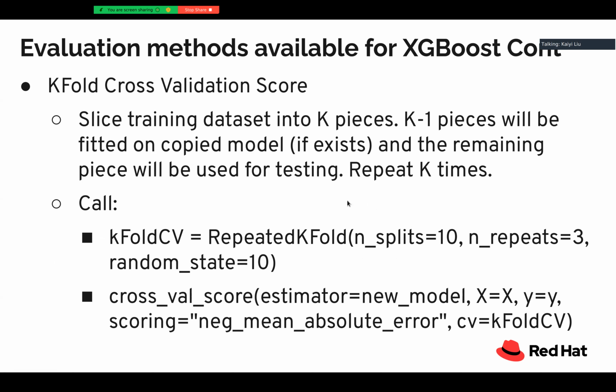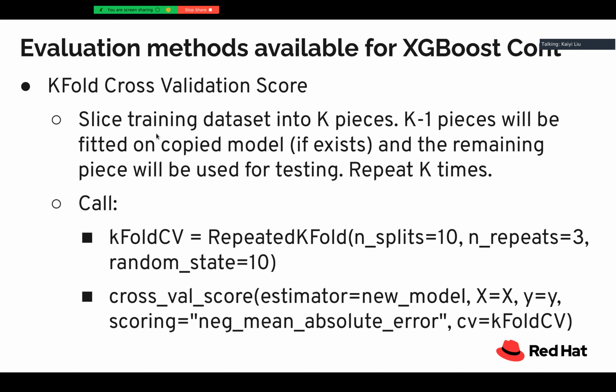In doing this, you would be able to return a mean MAE. So you get an error metric which doesn't have very high variance because it's the mean result for each of the k pieces.